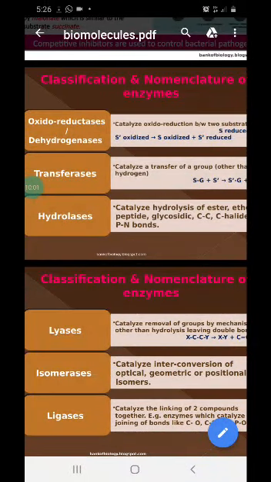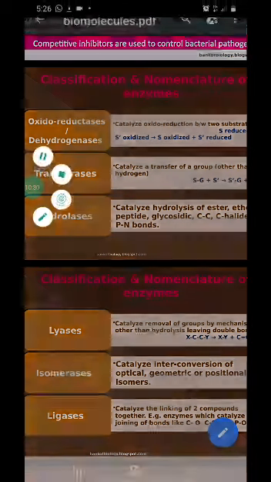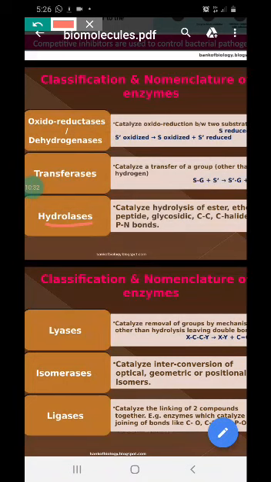Now next is the nomenclature and classification of enzymes. All enzymes are proteins, and enzymes help in speeding up the reaction. According to the type of bond they break or join, they are given different names. You should know what these different kinds of enzymes are. Most of the enzymes are hydrolases, children. What do hydrolases do?